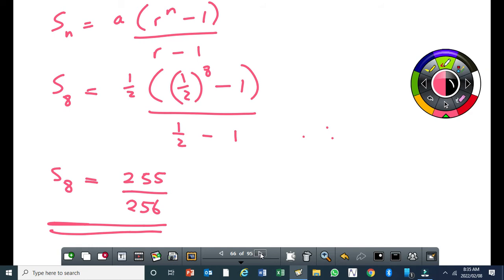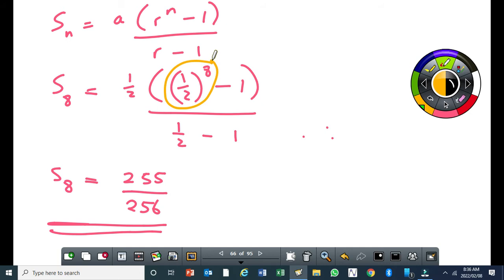Okay, can I have your attention? Please take note here in this question. This is very, very small. It's smaller than 1. In actual fact, 1 over 2 to the power of 8. What is 2 to the power of 8? Remember, 2 to the power of 5 is 32.